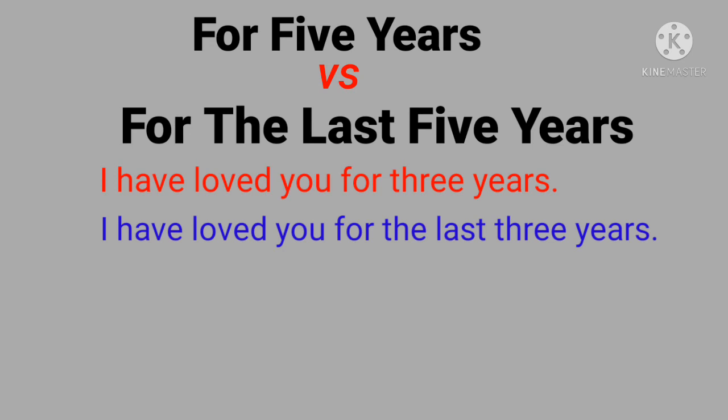If I say "I have loved you for 3 years", it could mean that I loved you for 3 years in the past, but now I hate you. So it could mean something different. So in order to make the sense of something happening even now, use "for the last" plus period of time.